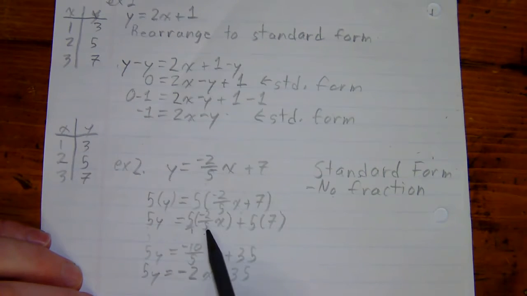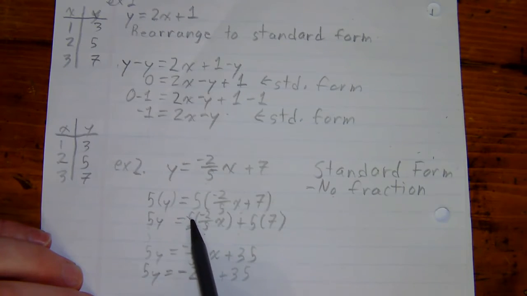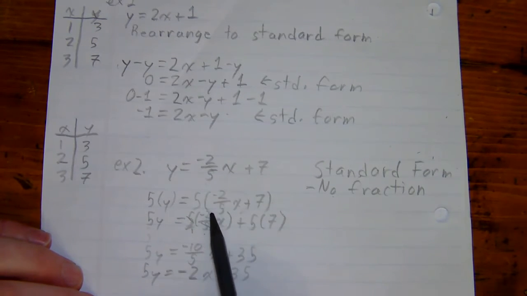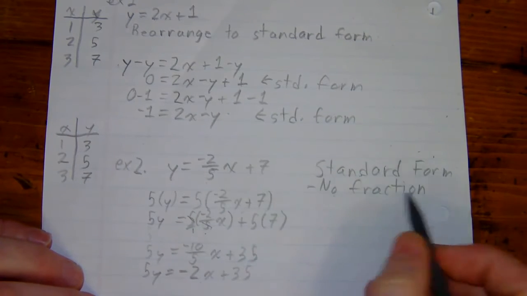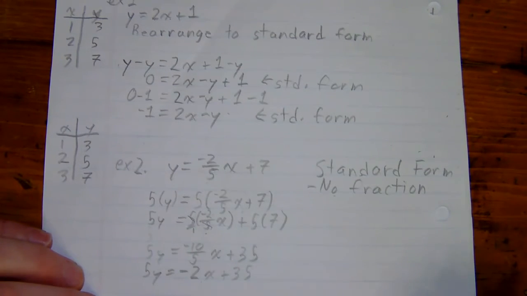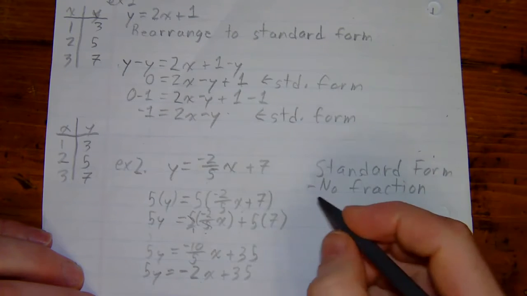Anytime you multiply a fraction by its denominator, you're effectively canceling out the denominator. If I just canceled the 5 and the 5 here, I'd be left with negative 2, and you can see that's the final answer that I get. Okay, so first rule was no fractions, and now we have no fractions. We multiplied everything in the equation by the denominator, and that cleared out the fraction.